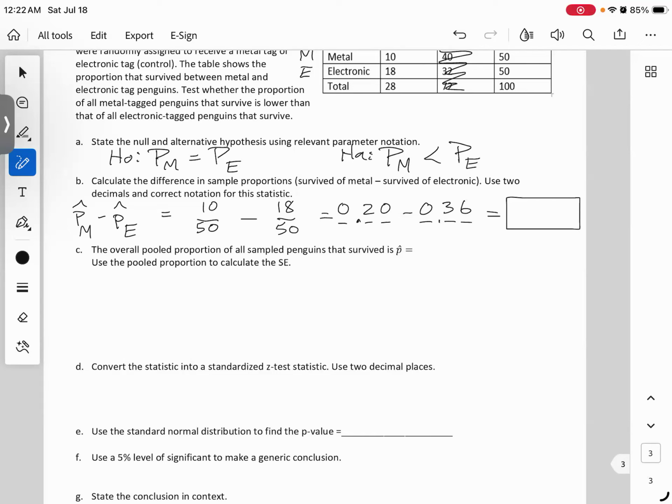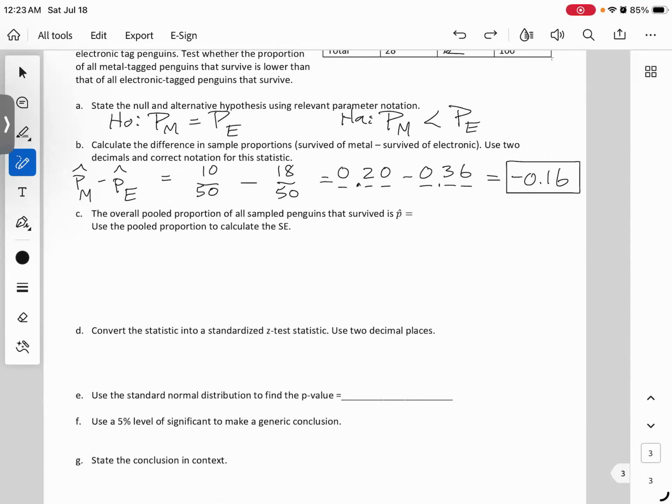They had 20% survive with the metal tag, but a higher 36% survive with an electronic tag, which would be a difference of negative 0.16. I purposely wanted you to do metal minus electronic so that we would get a negative statistic, which also corresponds to doing a left tail test.